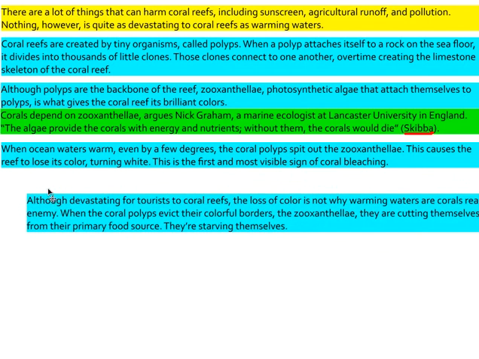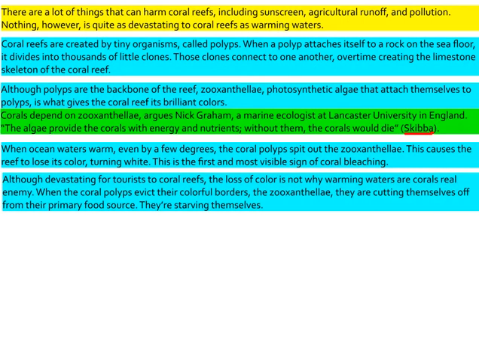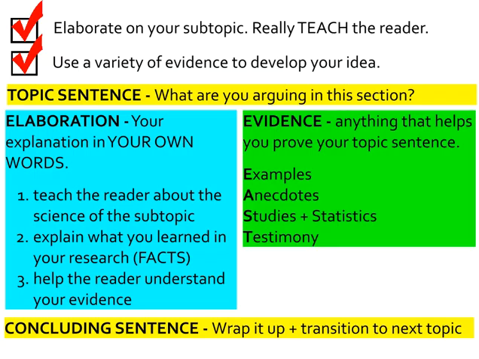More elaboration. Although devastating for tourists to coral reefs, the loss of color is not why warming waters are coral reefs' enemy. When the coral polyps evict their colorful borders, the zooxanthellae, they are cutting themselves off from their primary food source. They're starving themselves. I want you to notice that I am still here really teaching you about the science.